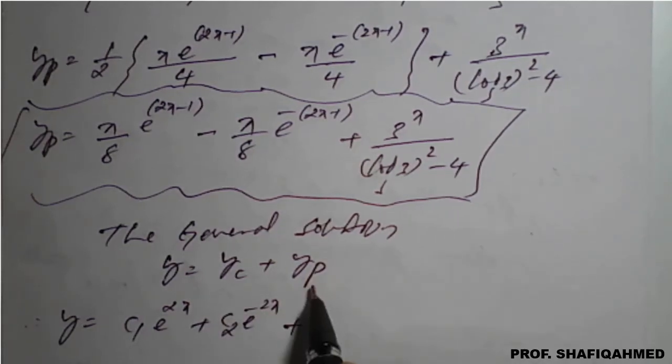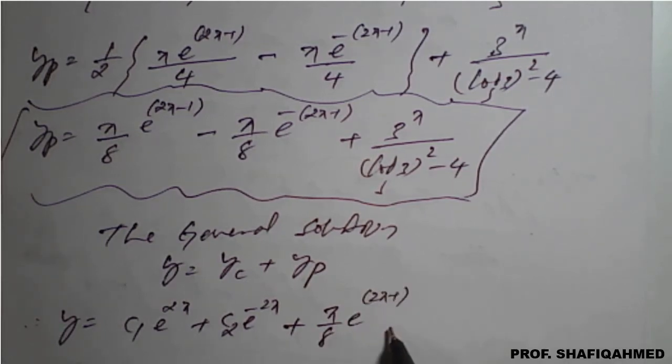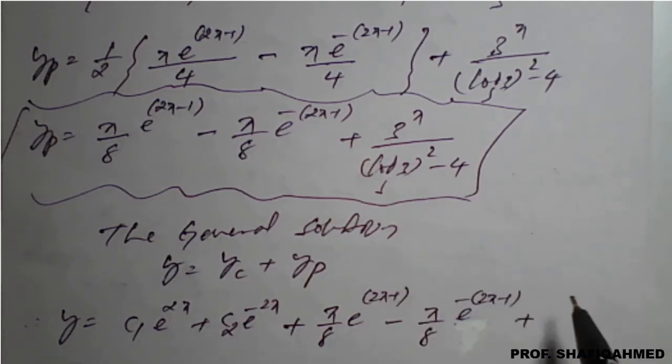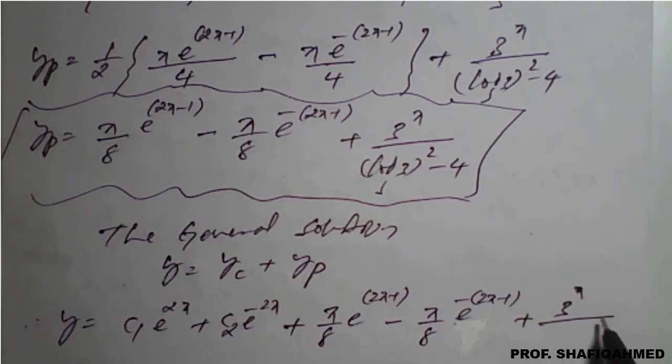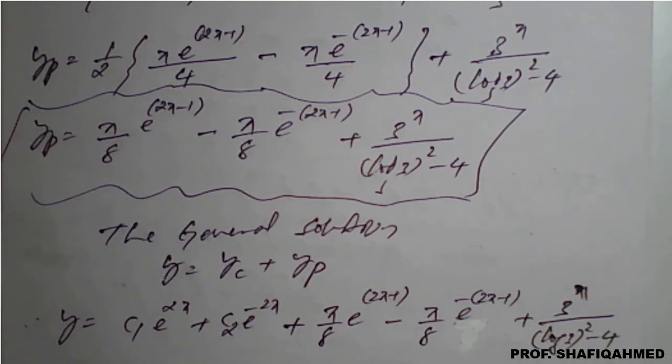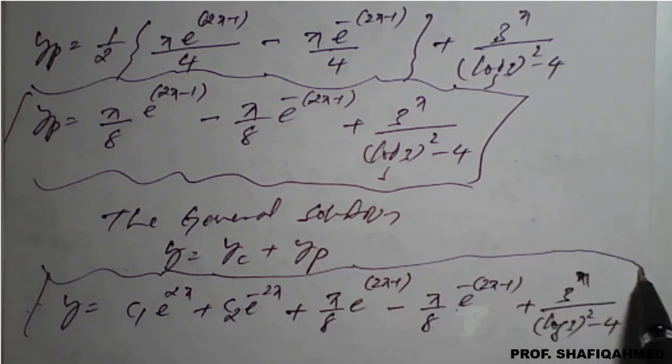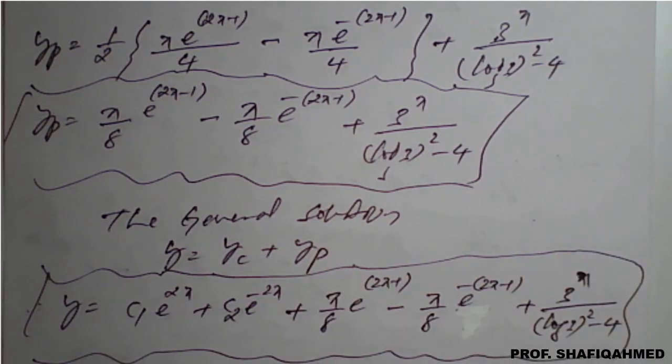This is the yc value, plus yp, which is x by 8 e raised to 2x minus 1, minus x by 8 e raised to minus 2x minus 1 divided by 8, plus, this 8 will not come here, already we have taken it, plus 3 raised to x divided by log of 3 whole square minus 4. So this is the required general solution of the given non-homogeneous differential equation.